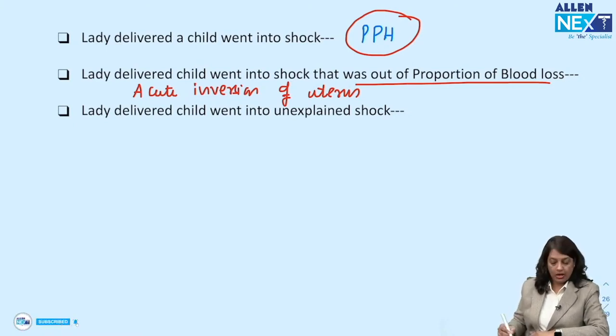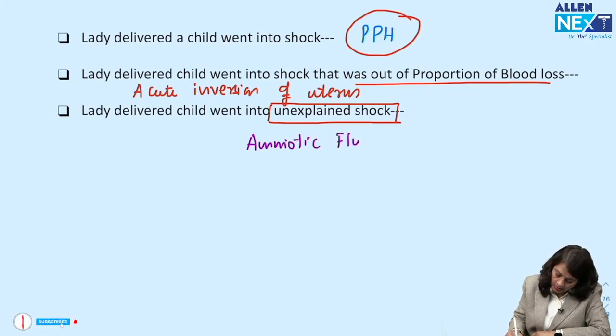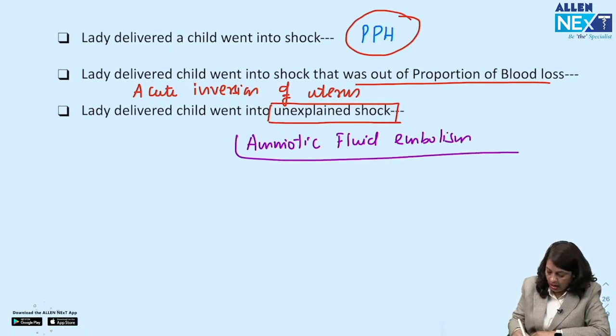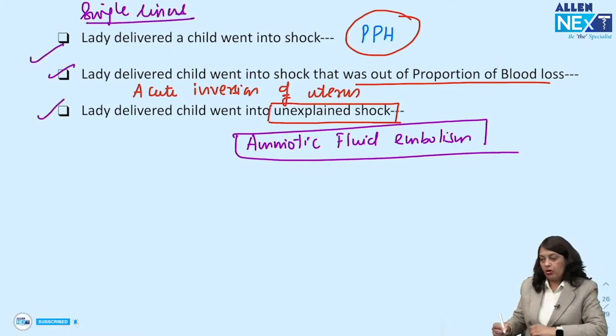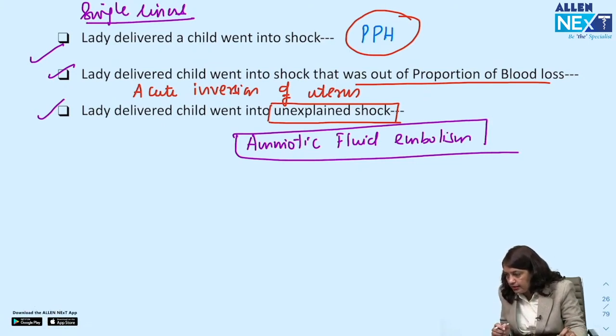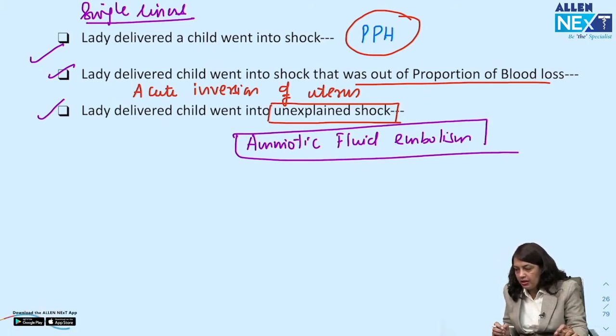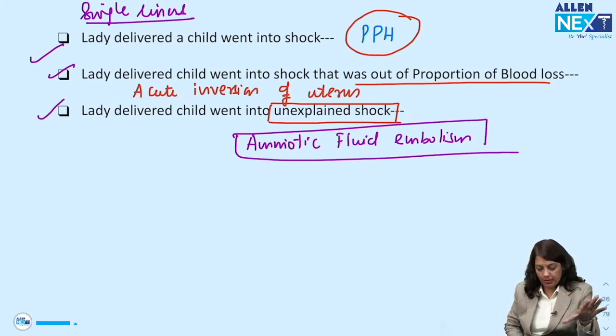A lady delivered a child and went into unexplained shock: this is amniotic fluid embolism. I hope these 3 important single liners are clear to you, because this is very, very important. A lady delivered a child and went into shock: postpartum hemorrhage.